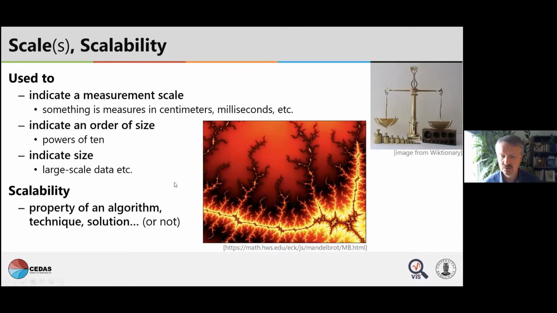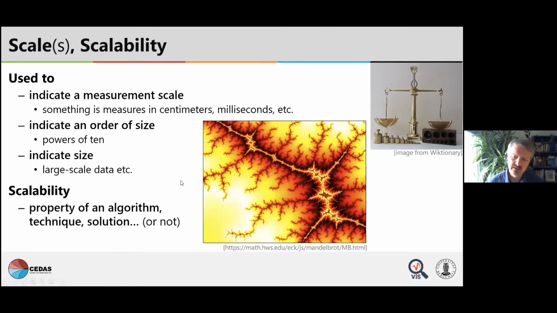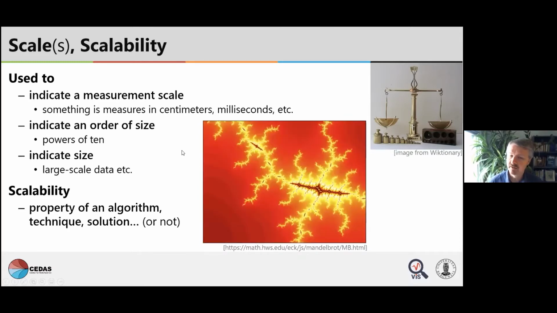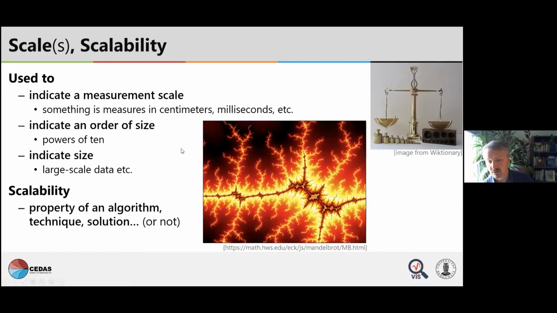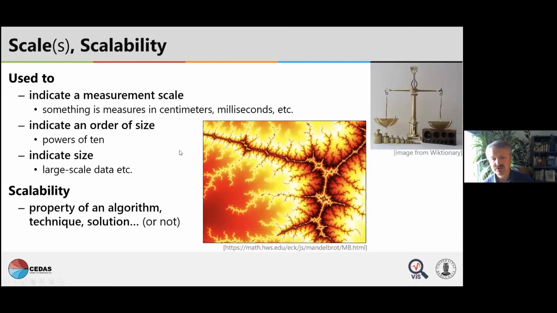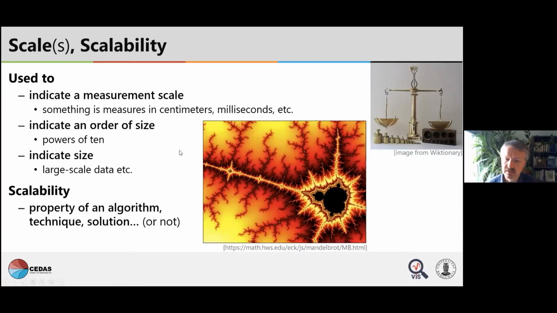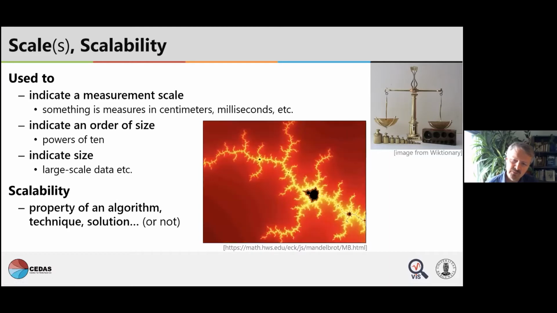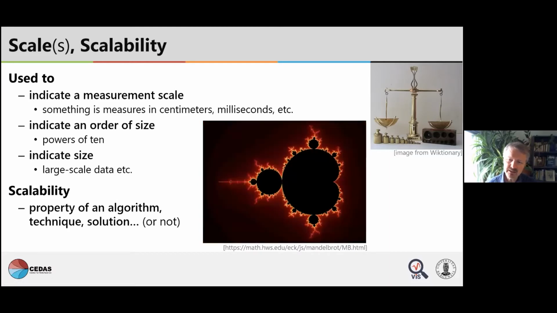Here I've just included a little slide deck of zooming into and out of the Mandelbrot set, which is a famous fractal. And it's one of the big ideas that has also fascinated me for a long time already.